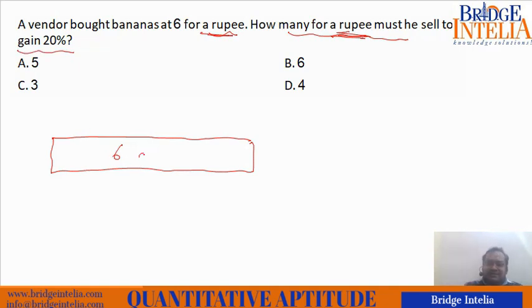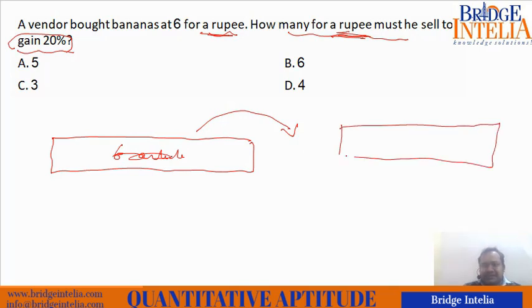So he has 6 articles. That means he will keep some articles with him because he is gaining profit. Fine. So out of these 6 articles, he will keep X articles with him, and he will sell the remaining articles.